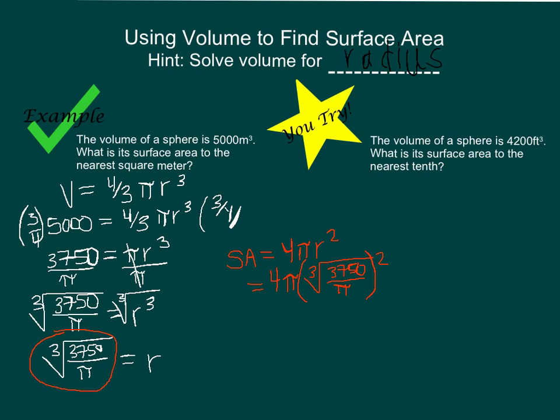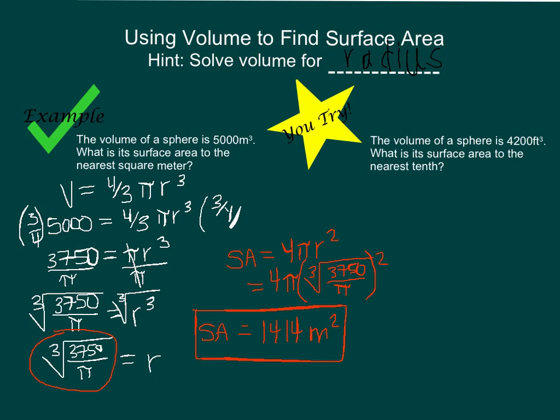Now that's when a calculator comes into use. This says to find the surface area to the nearest square meter, so we're not leaving it in terms of pi. So I'm plugging this all in, and I get that the surface area is about 1,414 meters squared. So here's my answer.